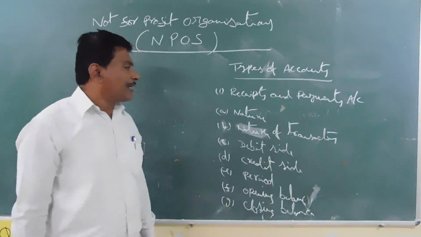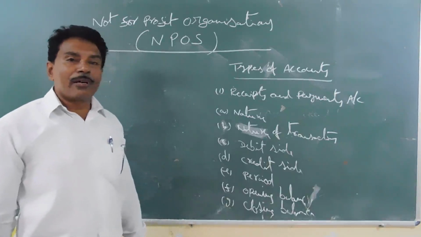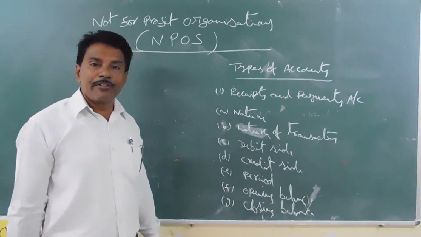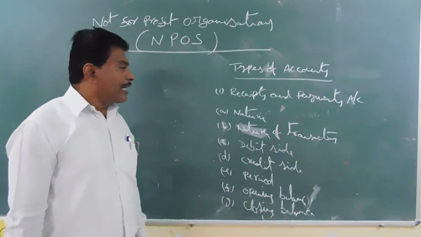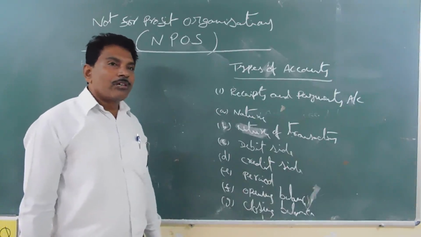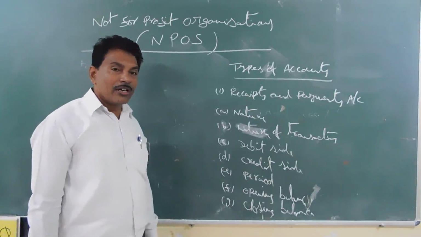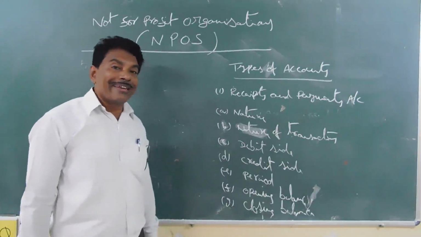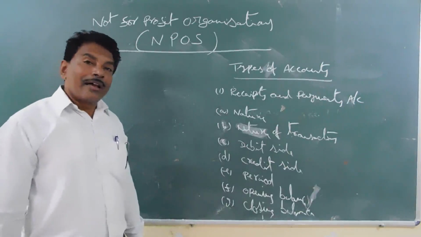It records both capital and revenue items. Capital means the items which are non-recurring in nature are known as capital items. The items which are recurring in nature are known as revenue items.